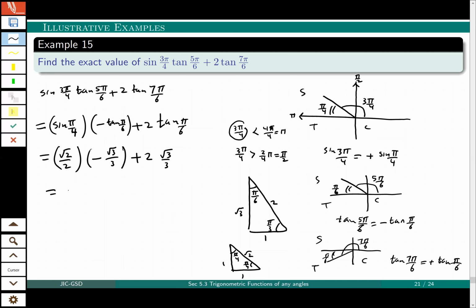So I will have here minus root 6 over 6 plus 2 root 3 over 3. The common denominator is 6, so multiply the 2 terms by 2. It will be 4 root 3 minus root 6 over 6.